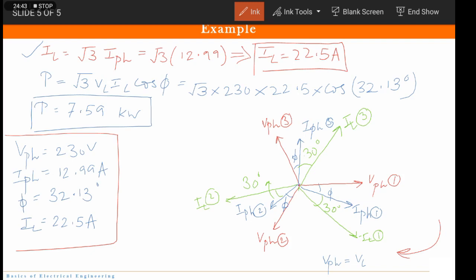The magnitudes of all line currents are equal. And in delta connection, line current is greater than phase current. So that line should be bigger. When you draw line current, it has to be bigger than the phase current. You cannot draw them equal, or take the length of that line as per your wish. There is some relation. Fine.